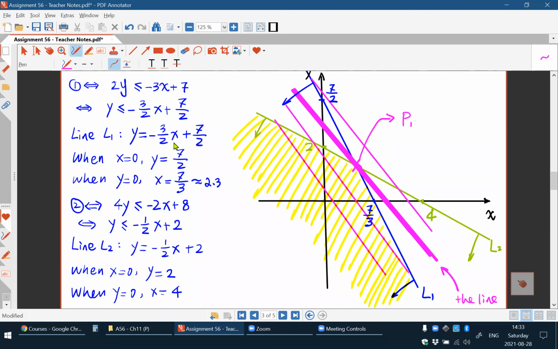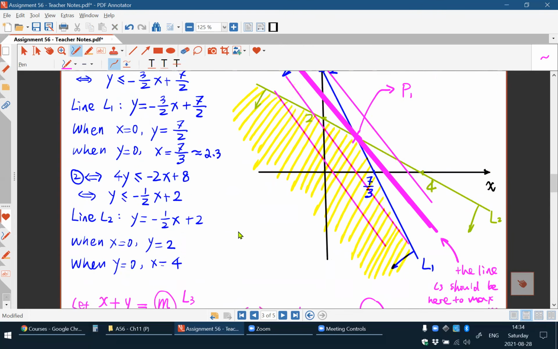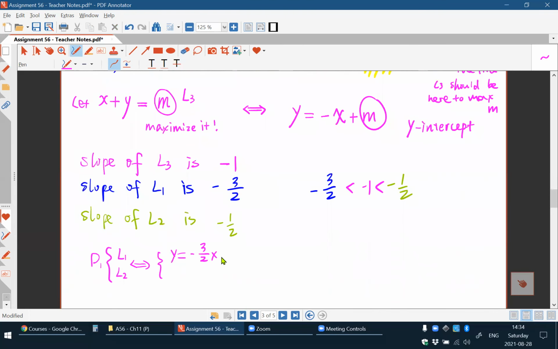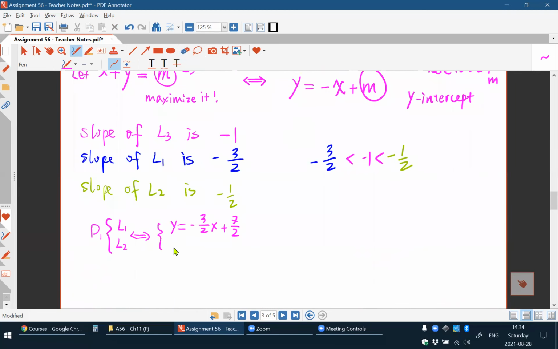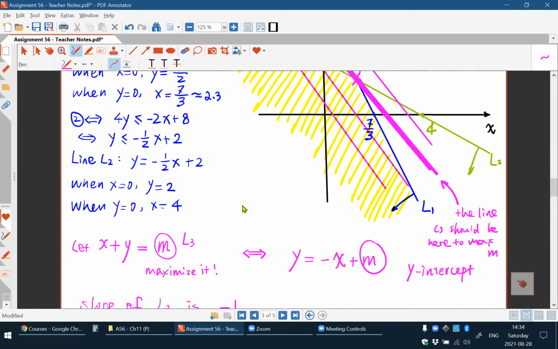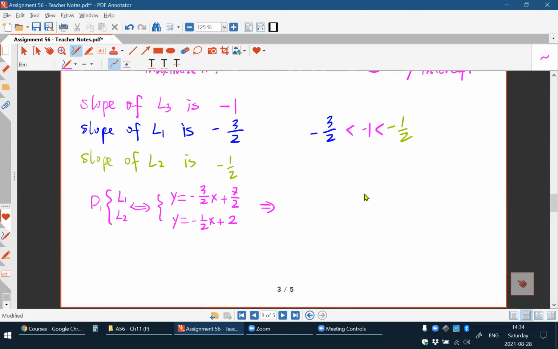Okay, L1 is y equals minus 3/2 x plus 7/2. And line 2 is y equals 1/2 of x plus 2. And we need to solve this equation, right?